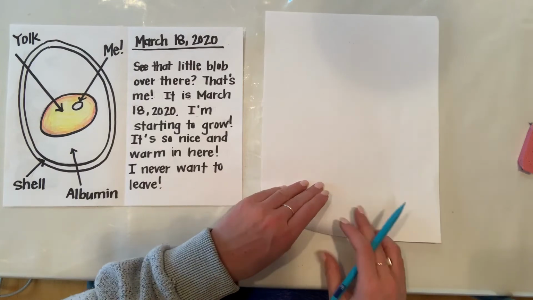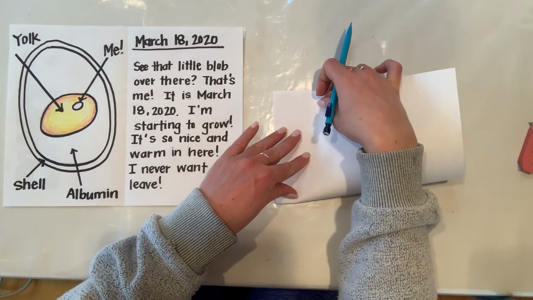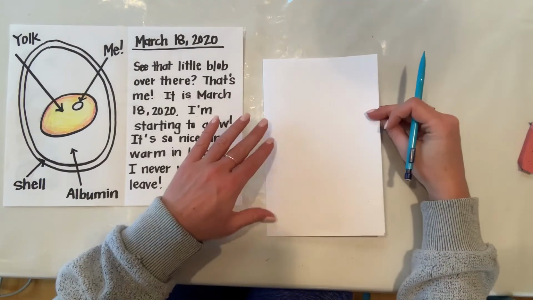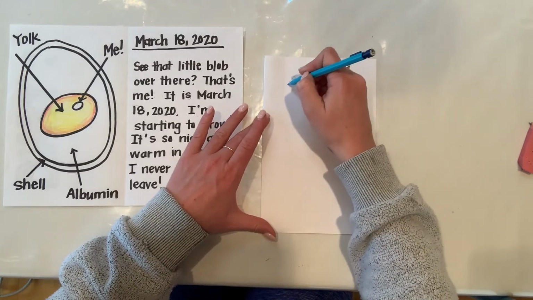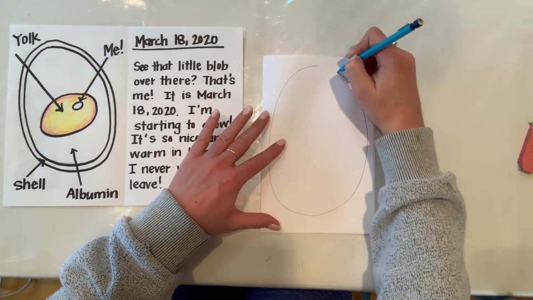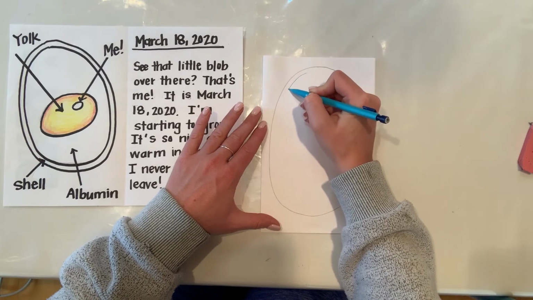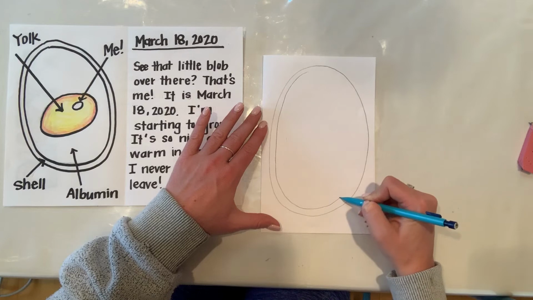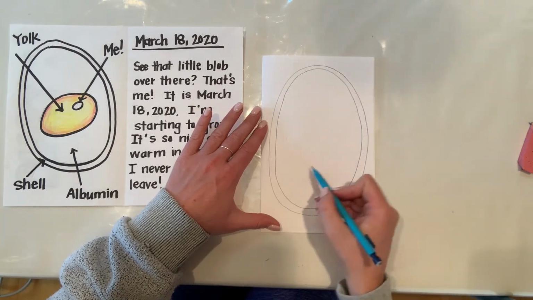And if you want, I can show you how I made this little egg. So I will actually make mine just like this. I started by making a little egg. I didn't do it totally circular, kind of oval shaped. And then on the inside, I just drew another line, just like that.